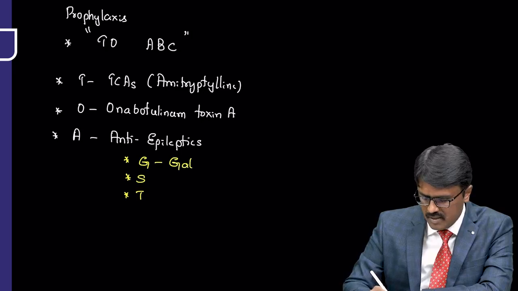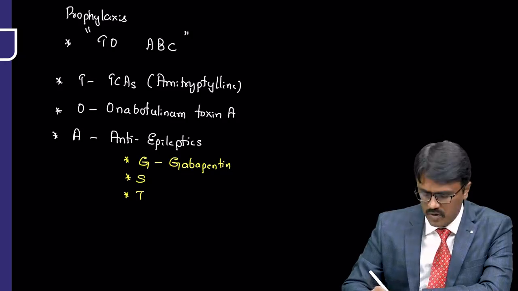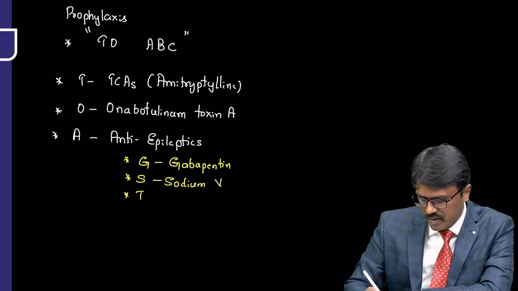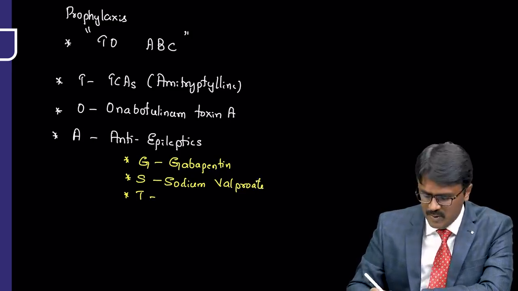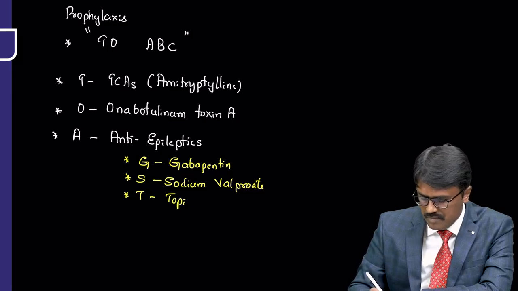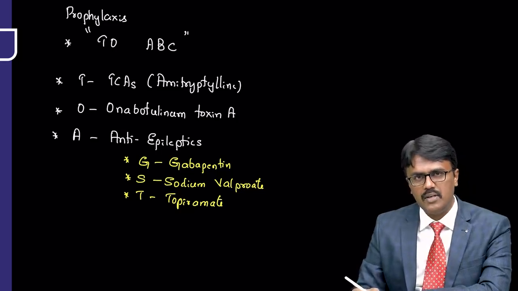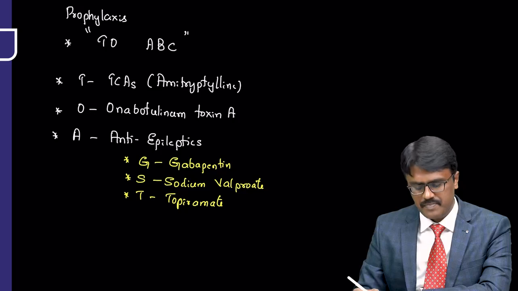G for gabapentin, S for sodium valproate, and T for a drug called topiramate. So the GST drugs are gabapentin, sodium valproate, and topiramate.